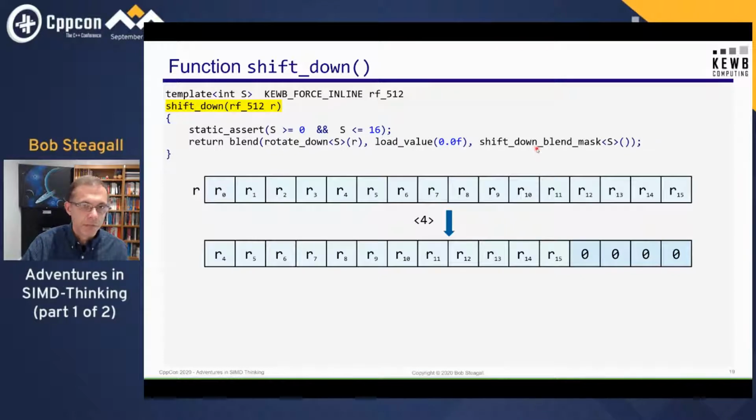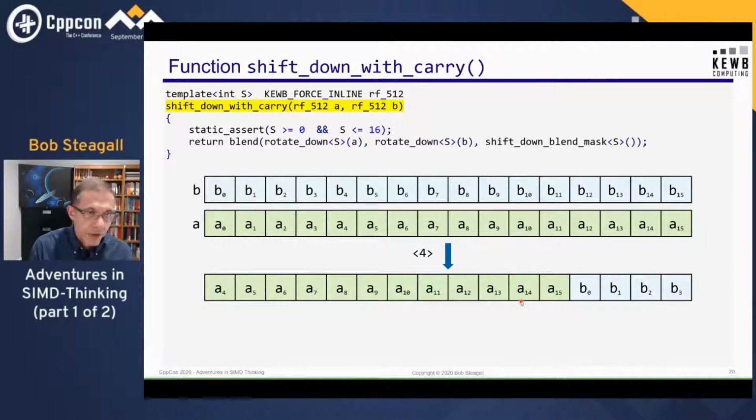It's very straightforward bit manipulation, so I left it out. But the point is that my fill register is loaded with zeros, so I rotate everything down by 4 in this case, and then I mask 4 zeros into the upper 4. So it's similar to what you get when you're bit shifting on a CPU register, bit shifting downward.